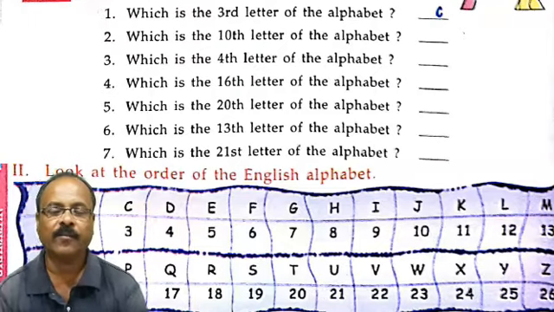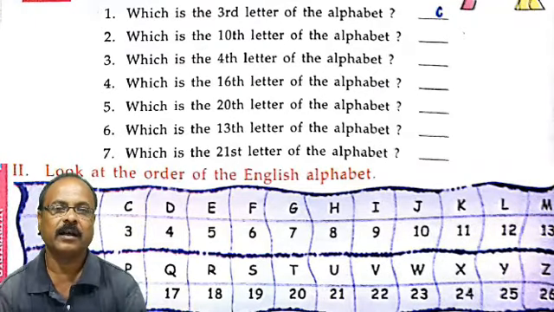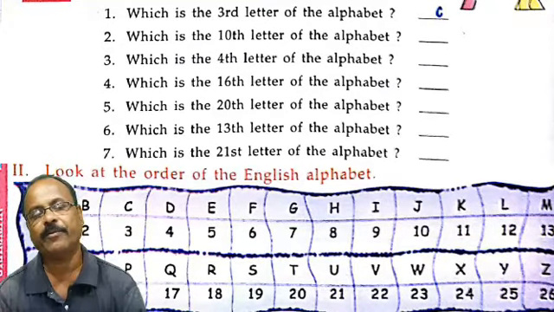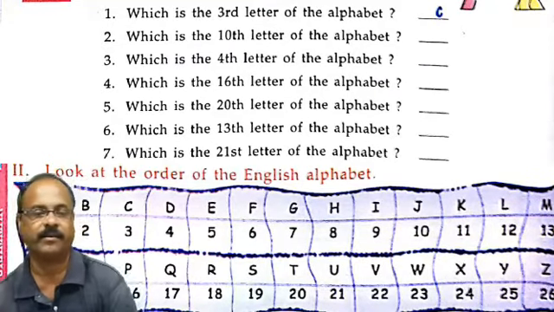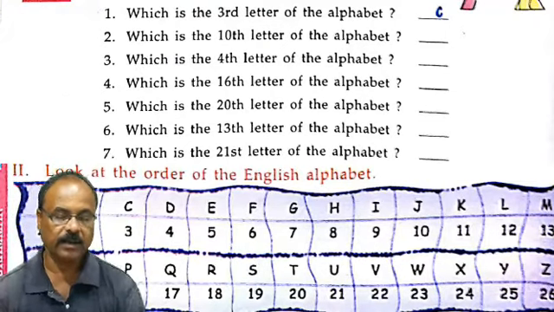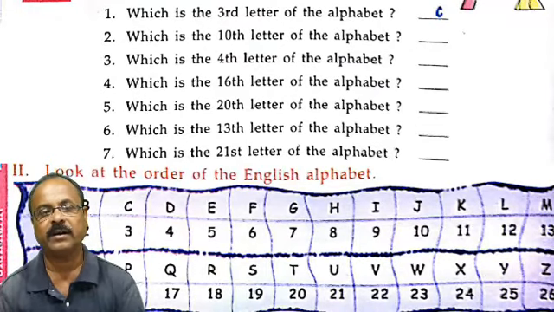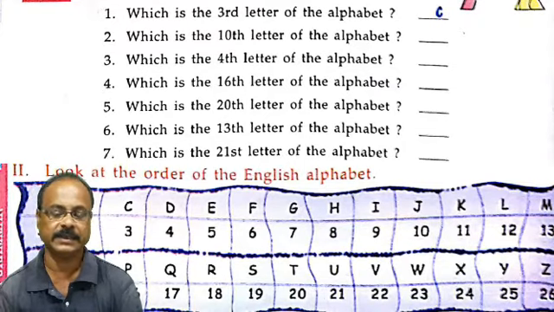All these alphabets are numbered one by one after another. So there are 26 letters, and they have been numbered in figures like this.